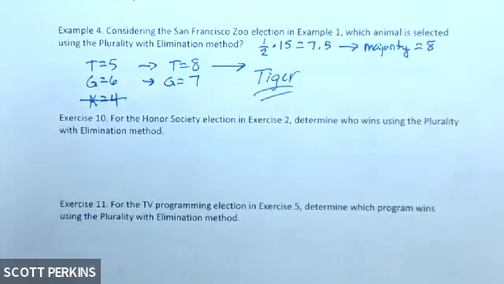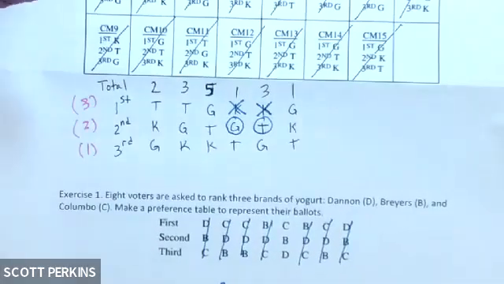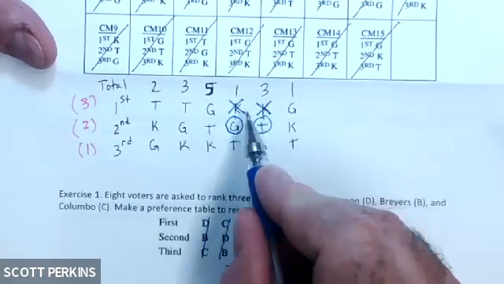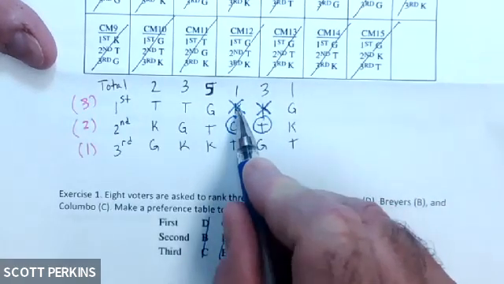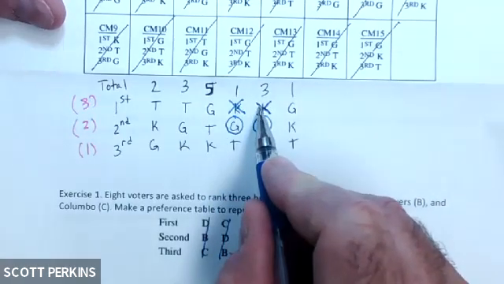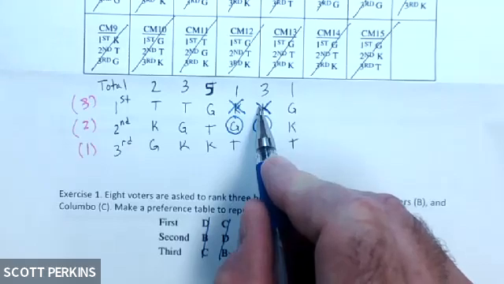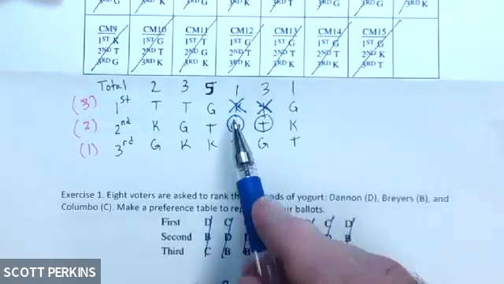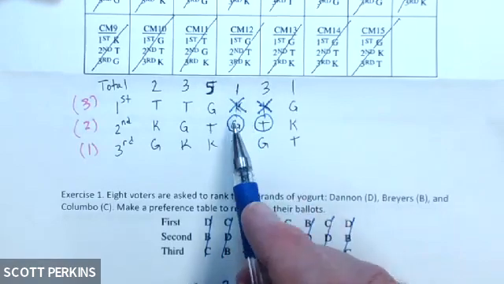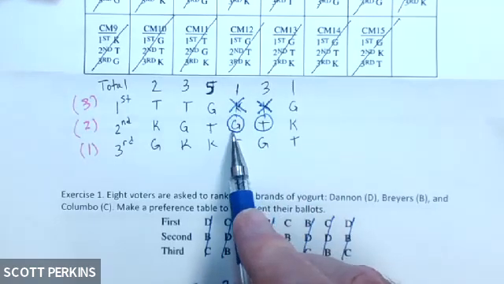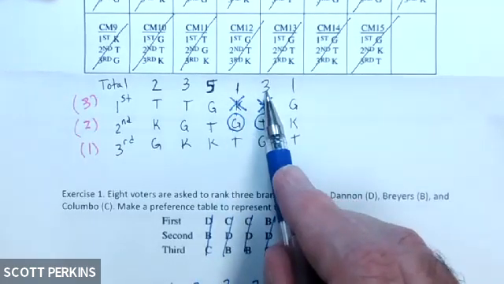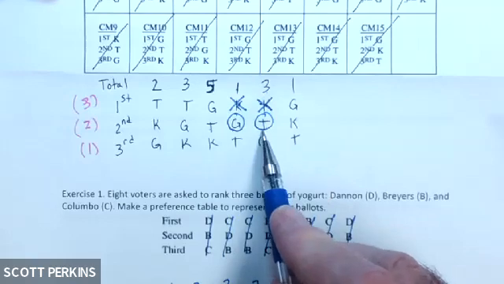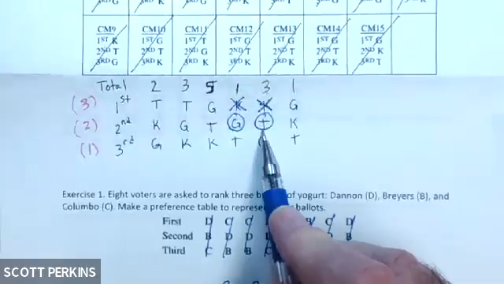This is what we're calling our re-election. And so here are the kangaroo's 4 votes, right here and here. I've crossed them out. So now we're going to give those votes to whoever comes next. So we gave this 1 vote right here to the giraffe because it came next. And we gave these 3 votes to the tiger because the tiger came next. Does that make sense? Yeah, great question. It's difficult to see. I totally get it.